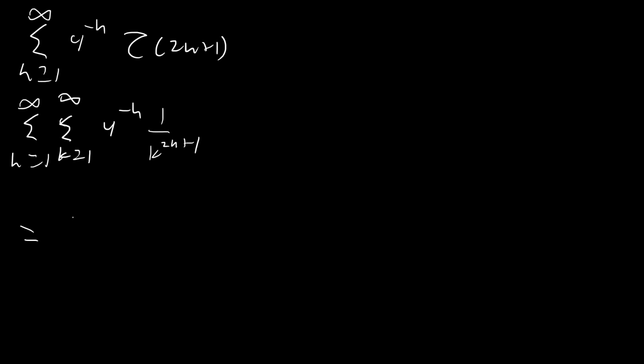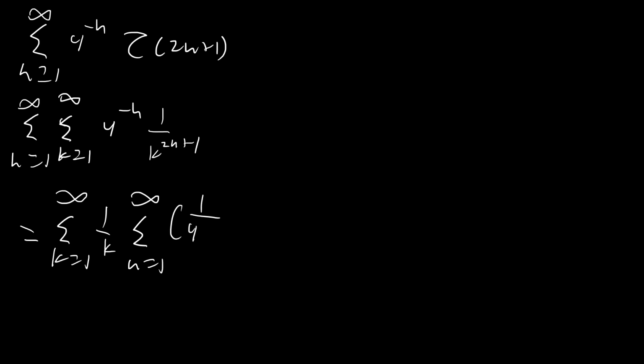So we'll end up with the sum from k equals 1 to infinity of 1 over k times the sum from n equals 1 to infinity of 1 over 4k squared.